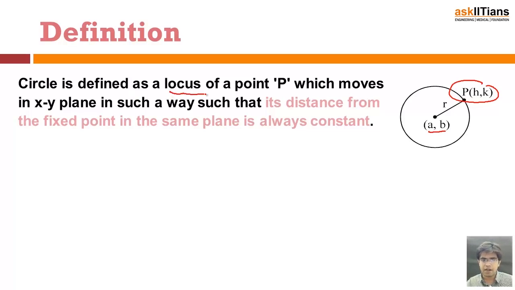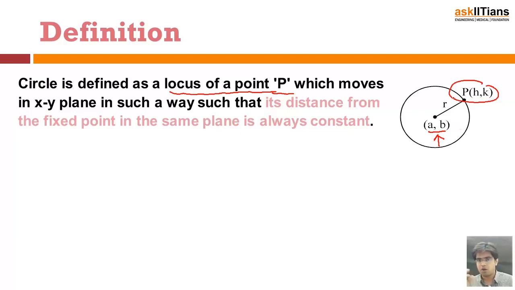Circle is defined as locus of point P. What do we mean by locus? Locus is the set of all those points that satisfy a given condition. So locus of all those points P which move in the plane such that its distance from this fixed point is constant.